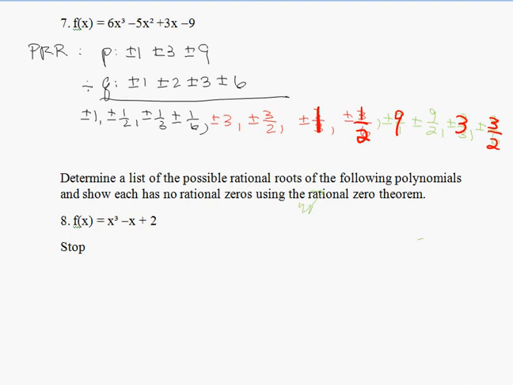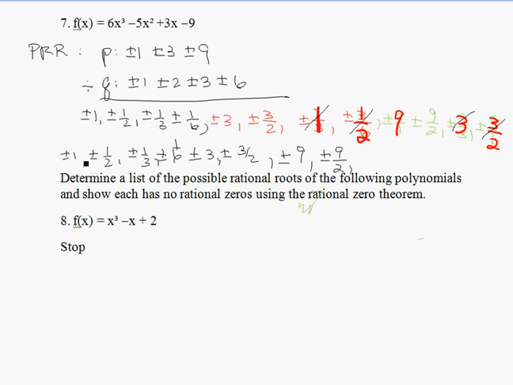Okay, so plus or minus 1, plus or minus half, plus or minus a third, plus or minus 1/6, plus or minus 3, plus or minus 3 halves, plus or minus 1 we already have, a half we already have, plus or minus 9, plus or minus 9 halves, we already have plus or minus 3, we already have plus or minus 3 halves. So this is the list of the possible rational roots of this polynomial right here.